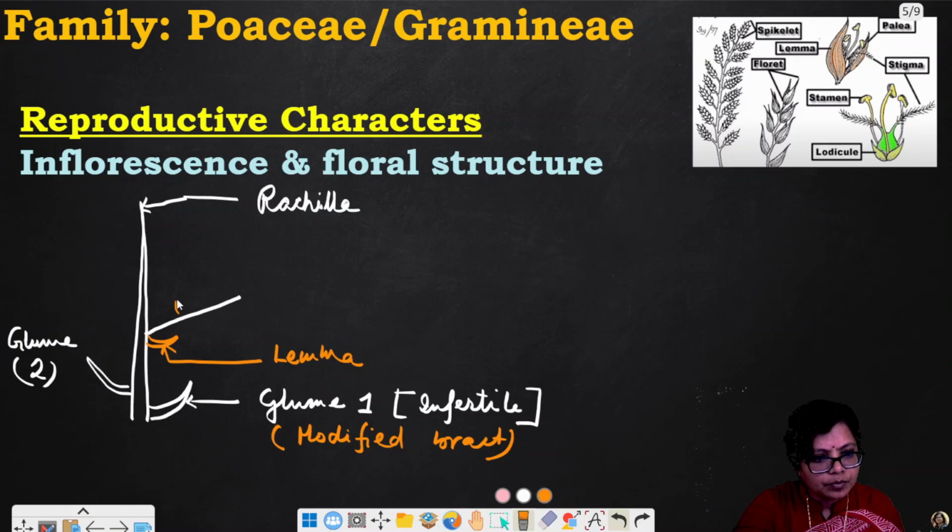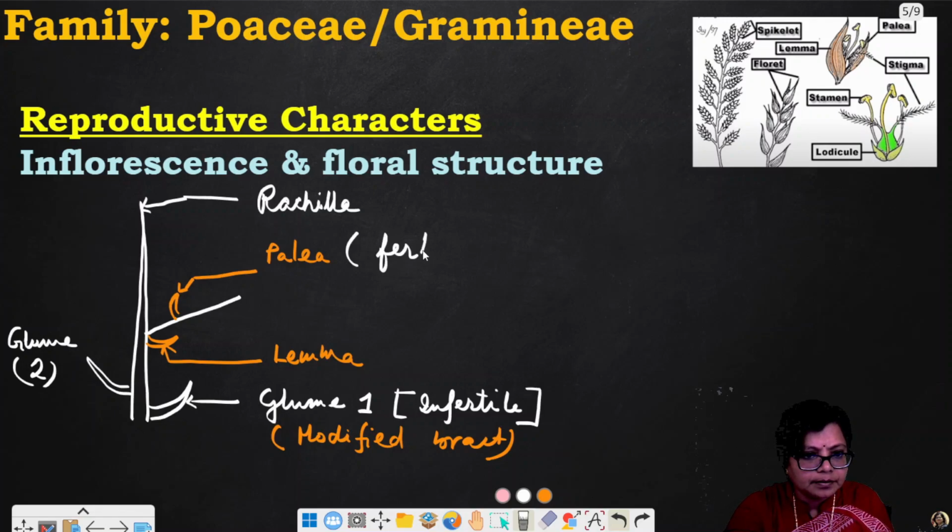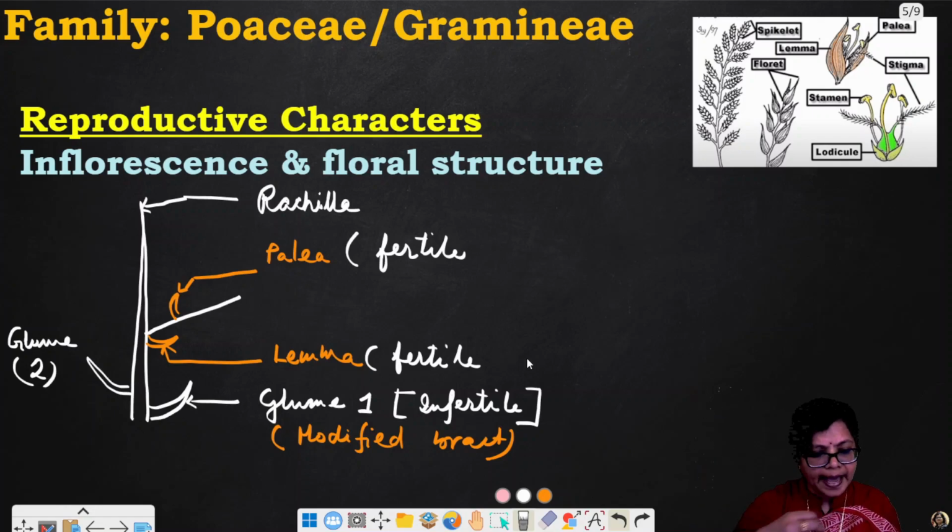One more bracteole that is fertile, named palea. These two, lemma and the palea, are fertile, means in their axil florets develop.